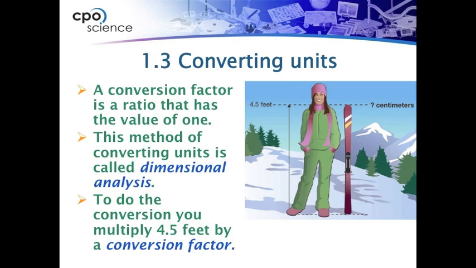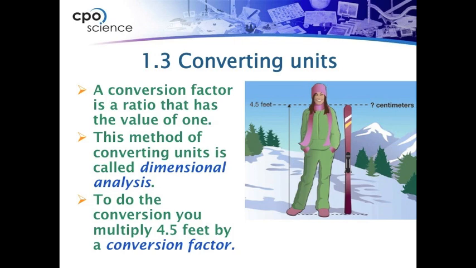You've got a girl whose height up to her shoulder length is about 4.5 feet, which is the same height as the ski directly next to her. What we want to figure out is how many centimeters is 4.5 feet. This is called dimensional analysis, converting from 4.5 feet into centimeters. So what we need is a conversion factor.